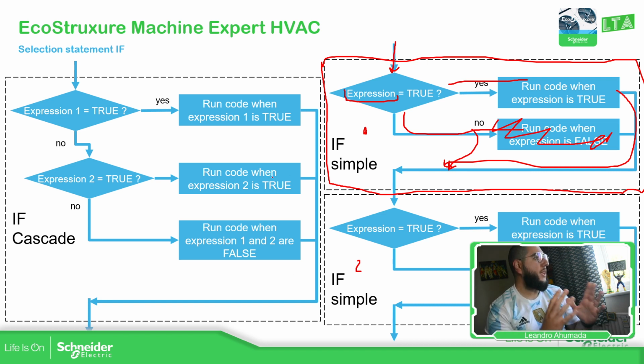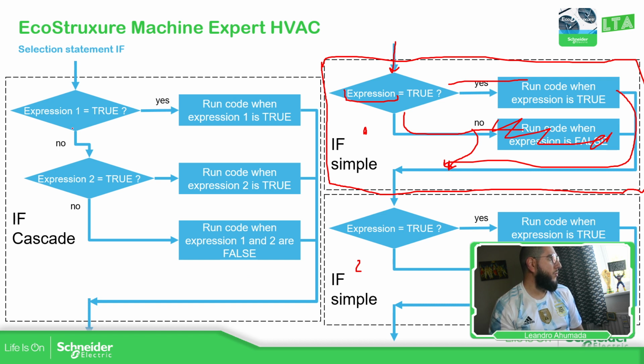And then you have the possibility to cascade the if. I have an if that's true, then inside you have the possibility to use another one, or if not, it goes to another one. So you can do something like this. If the expression is true, yes, go here, it can go to the end.